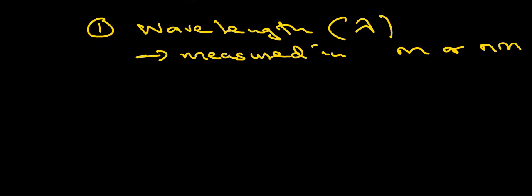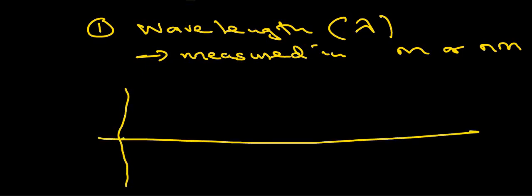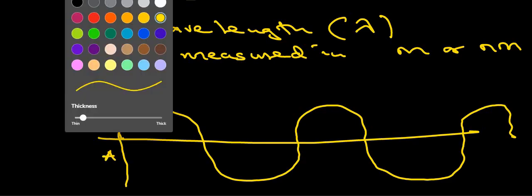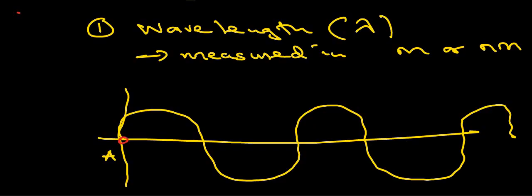So we're just saying, imagine this is your wave. You learned in physics in high school that from this point up to this point gives you a complete wave, right? One whole complete wave.